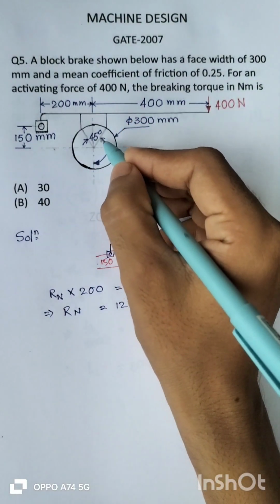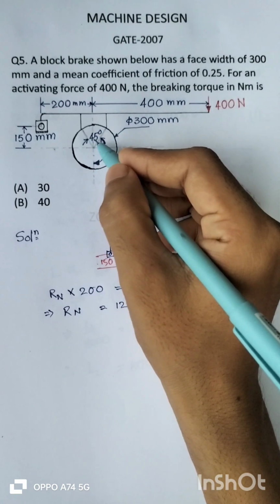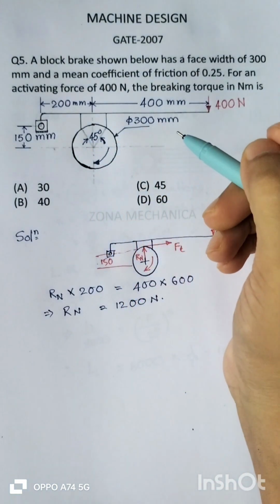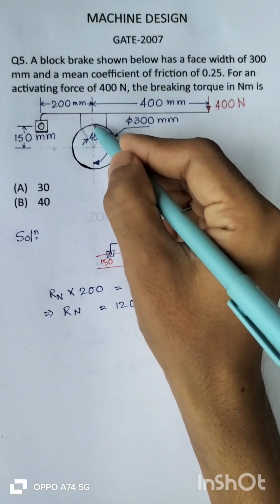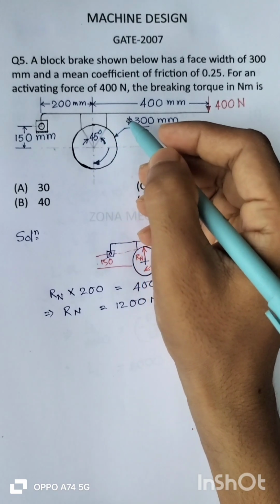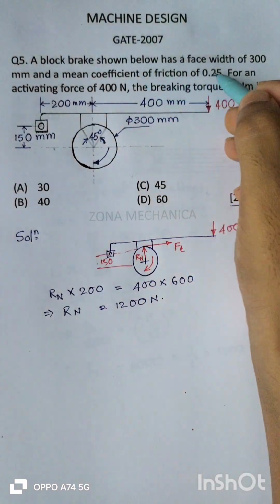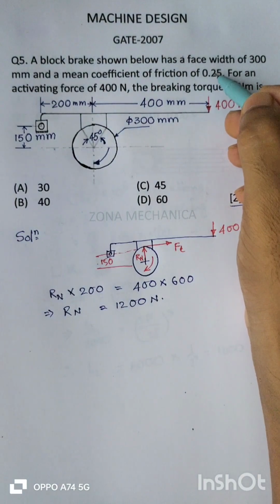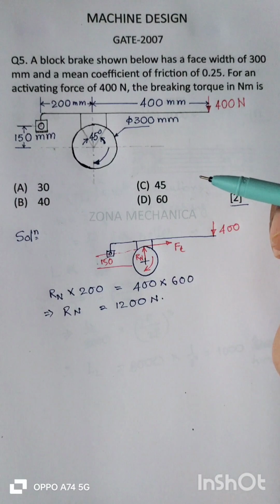See, the contact angle is 45 degrees, which is less than 60 degrees, so we can assume that the pressure developed between the block and the wheel is a uniform one. So the coefficient of friction 0.25 can be used as it is in the calculation.